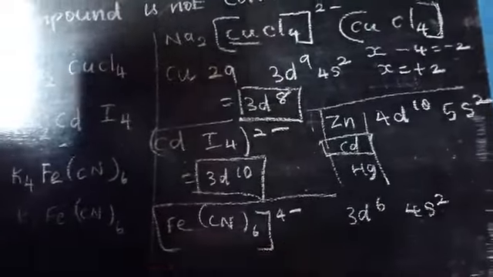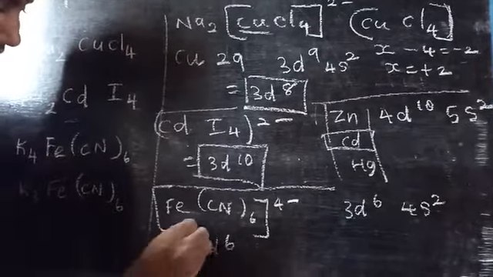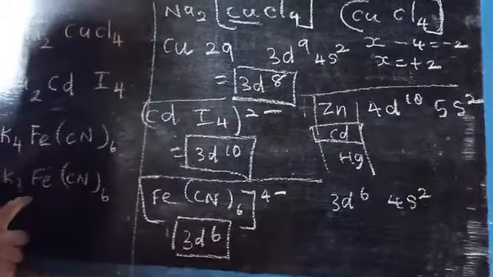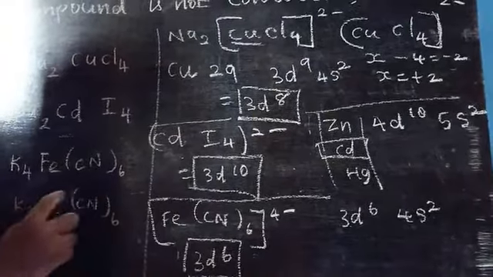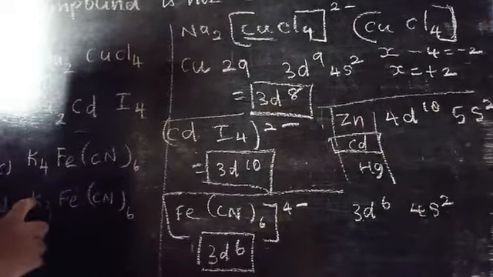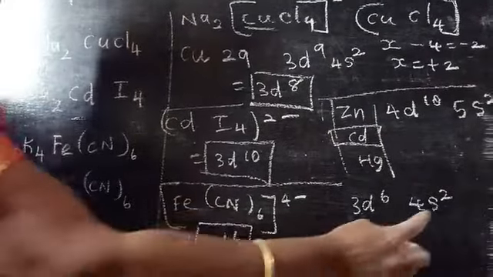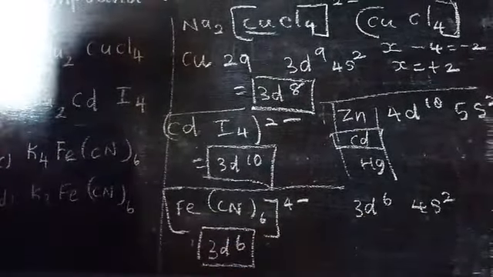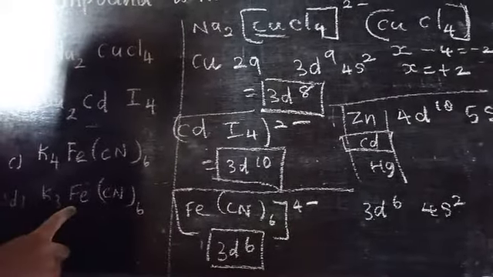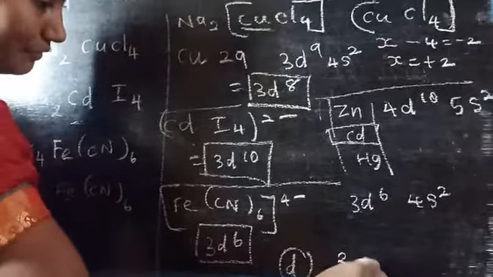So 2 electrons are removed at last, so remaining 3d6. Okay. So last one, K3[Fe(CN)6]. Here 3 minus, so the oxidation state is 3. So 3 means here 2 plus 1, 3. So remaining 3d5. Okay. So in option D, 3d5.